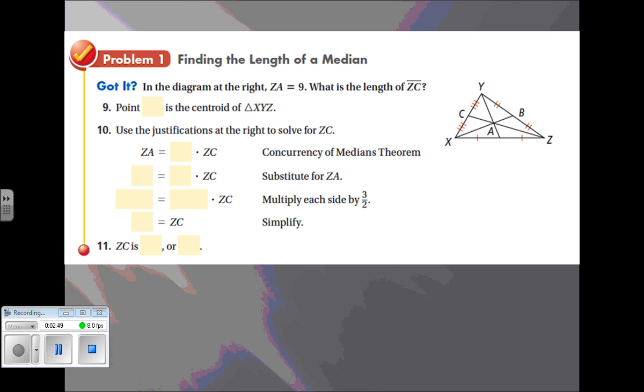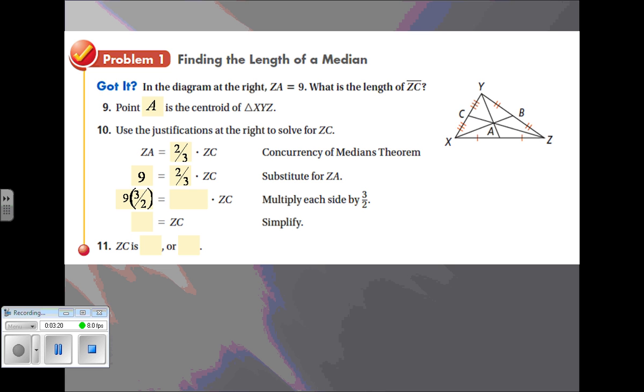So finding the length of the median. In the diagram at the right, ZA is 9. What is the length of CZ? So point A is the centroid of triangle XYZ, and we want to find the distance of CZ. All right, so ZA equals 2/3 of CZ. We know that ZA equals 9. Now we're going to multiply both sides by the reciprocal of 2/3.